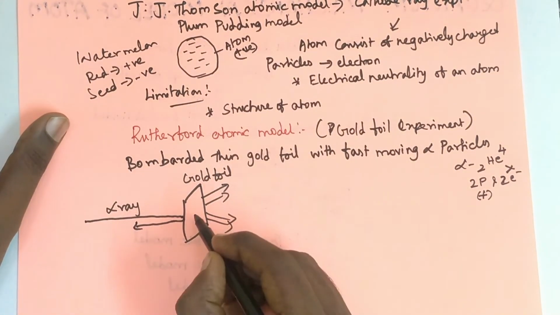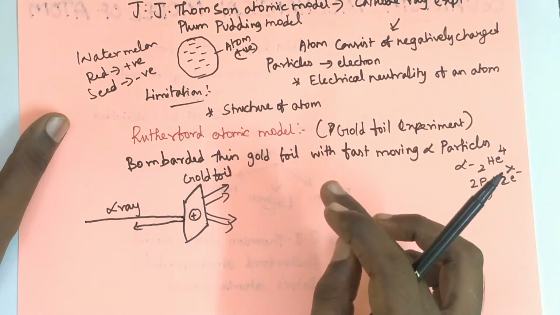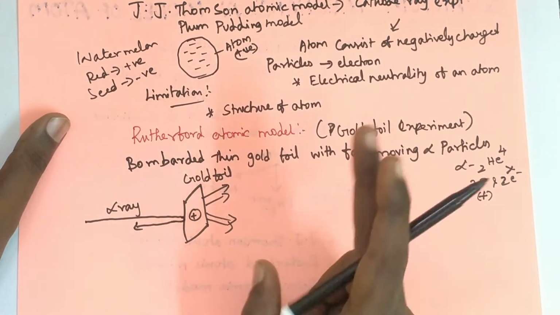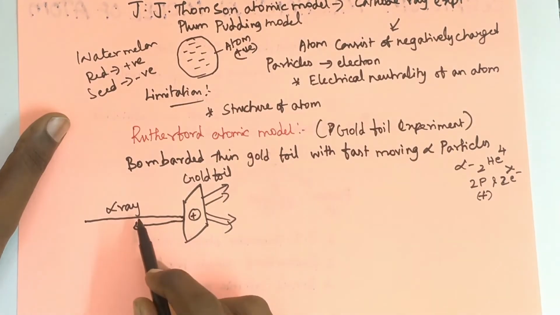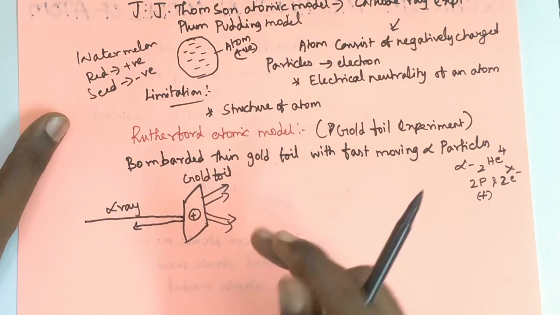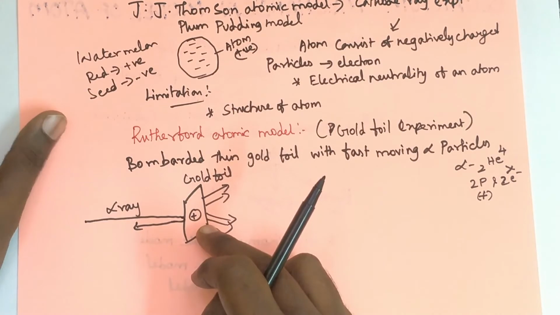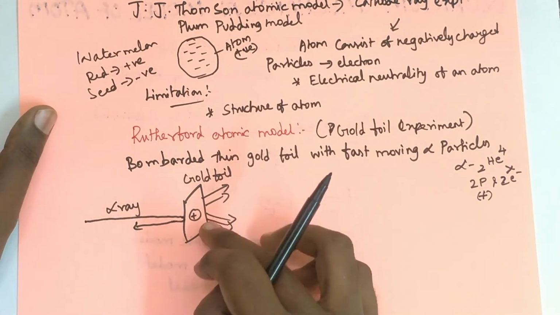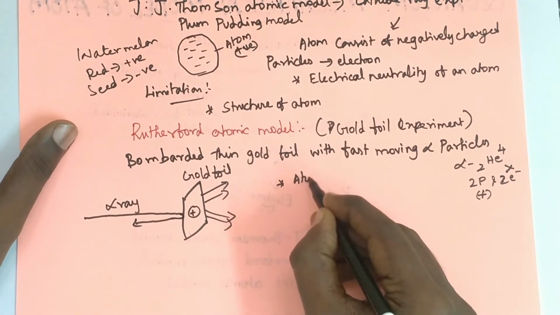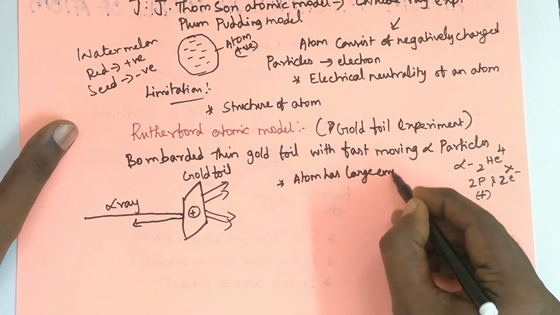Based on these 3 observations, he concluded that the atom has large empty spaces.